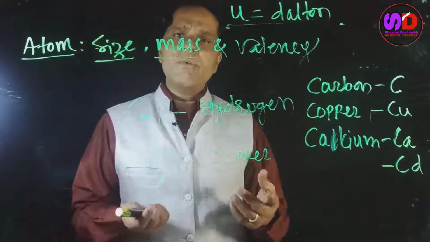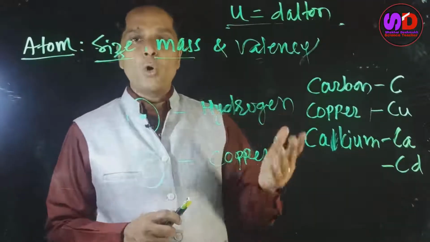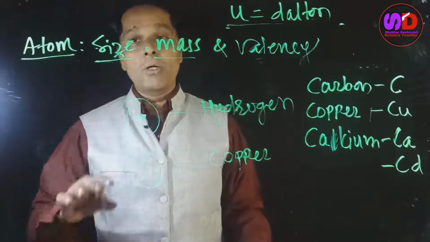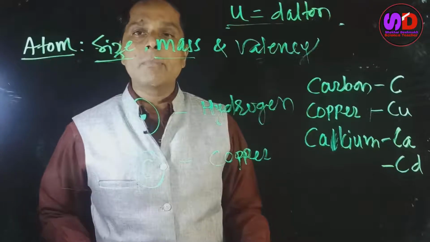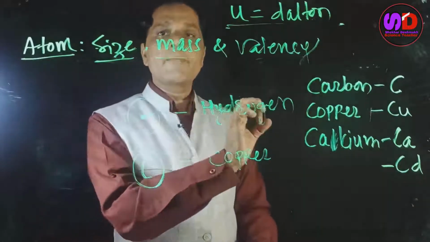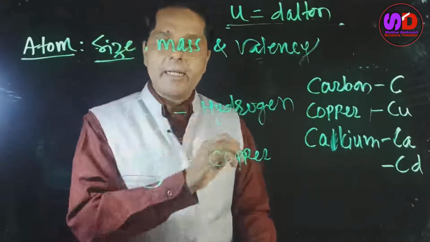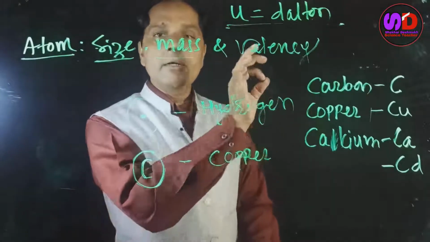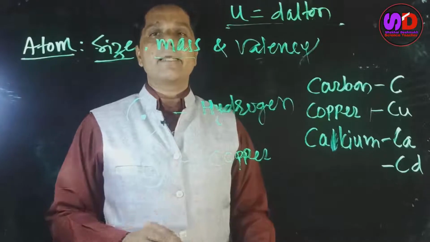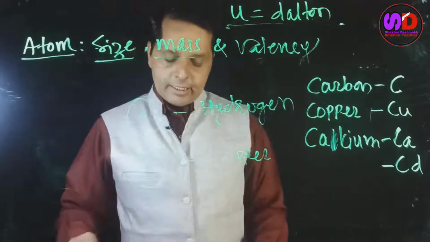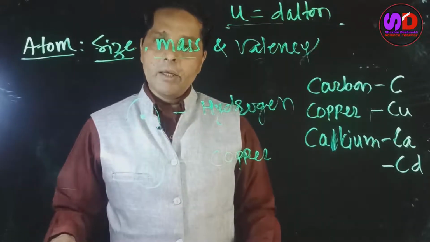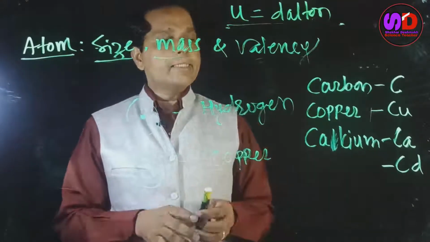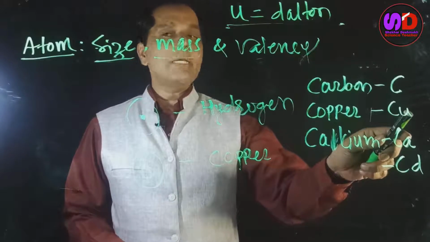Or cobalt, Co. So according to Berzelius, the symbol is nothing but the first letter, or first and second letter, or first and any prominent letter in that name. It is taken as the symbol of the element, in which the first letter must be capital, and the second letter must be small.